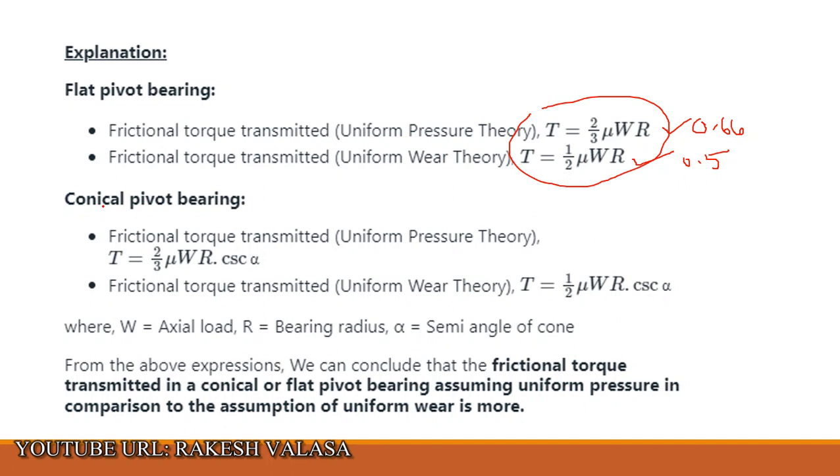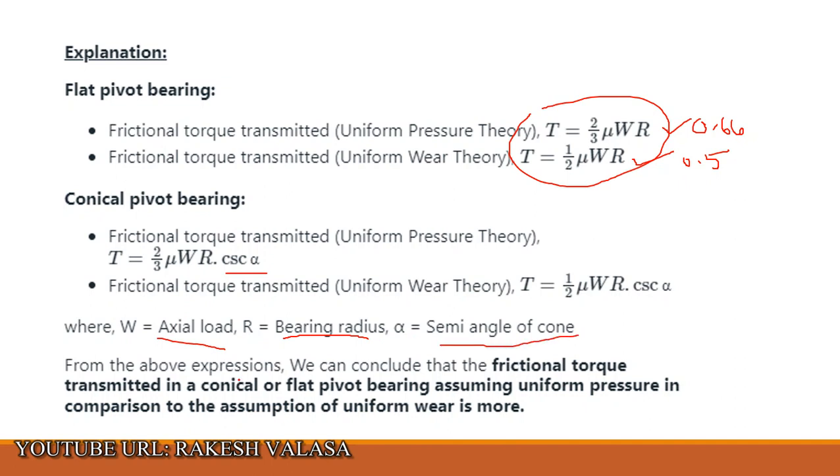You can also see the conical pivot bearing. Frictional torque transmitted through uniform pressure theory, the same formula with cosec alpha added: 2 by 3 mu WR cosec alpha. Frictional torque transmitted through uniform wear theory equals 1 by 2 mu WR cosec alpha. Here W means axial load, R means bearing radius, alpha means semi-angle of cone.